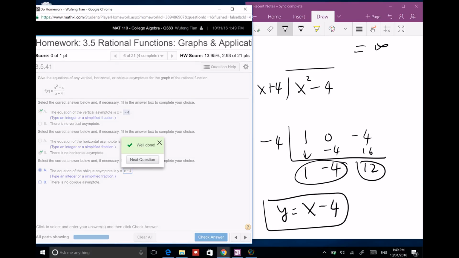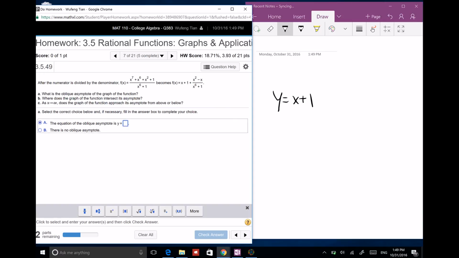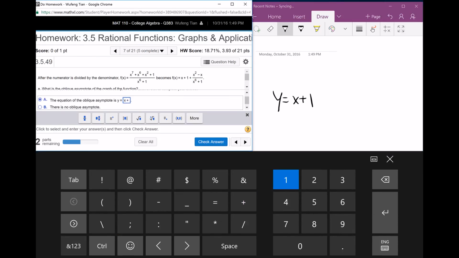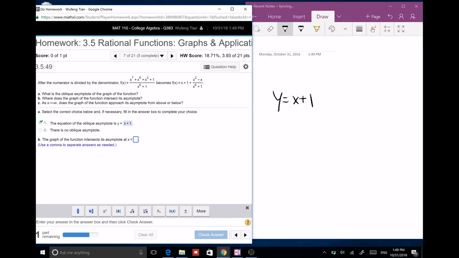Next question. Okay, the oblique asymptote for this one is given as y equals x plus 1. It tells you that, so it's x plus 1. The graph of the function intersects its asymptote at x equals what?